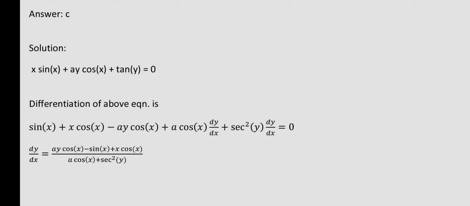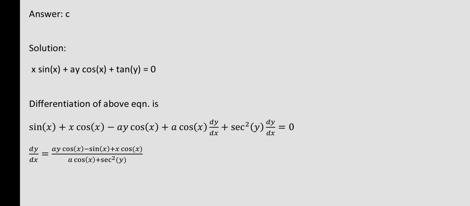Tapos doon ka naman sa part ng y cosine x, copy y, and then cosine x, plus, y cosine x, kasi yung y naman di-derivative mo, y cosine x dy dx plus secant squared y, derivative ng tangent is secant squared ng function, and then dy dx equals 0.